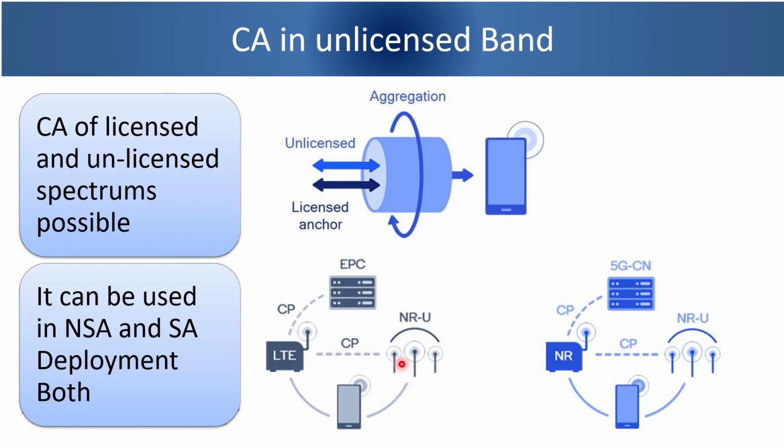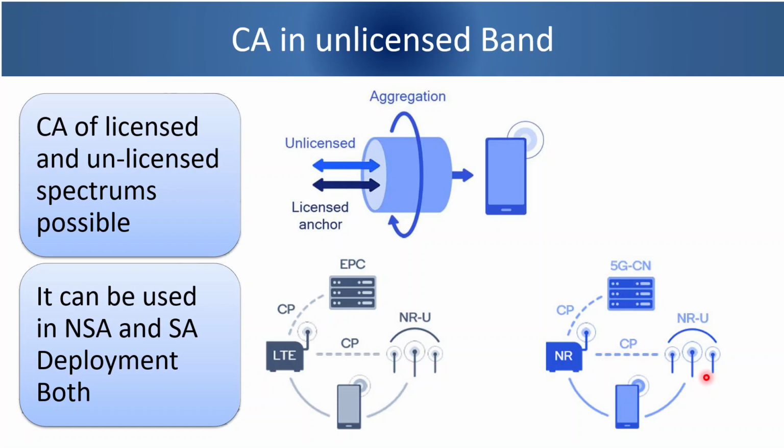That means NRU does not have direct connectivity with EPC, and all the control plane travels through LTE itself. Any 5G device capable of carrier aggregation can connect to both NRU and LTE, and it can have dual connectivity, that means double the data rate.